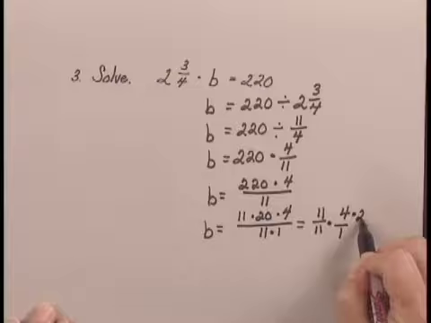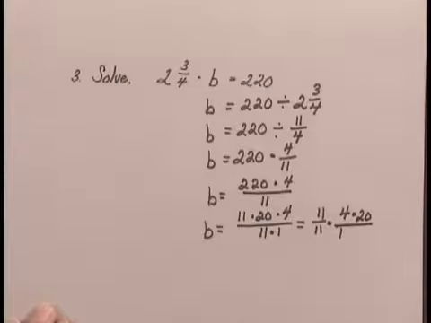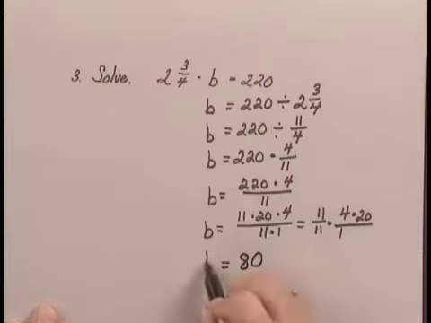And then there's also a factor of 20 in the numerator. So 11/11 is 1, 4 times 20 is 80, and I have that B equals 80.